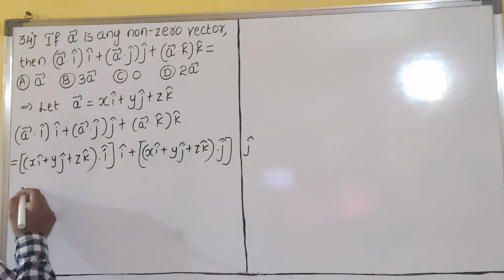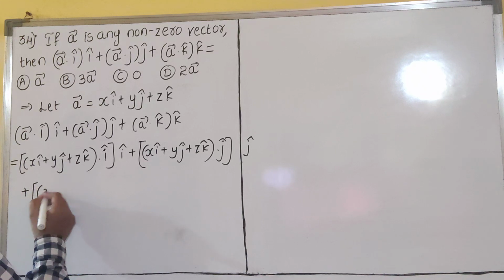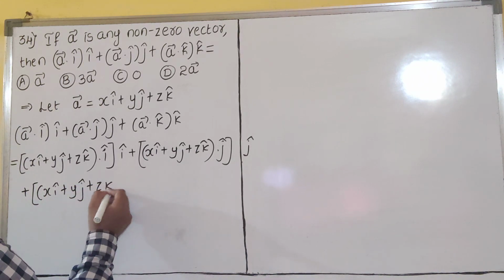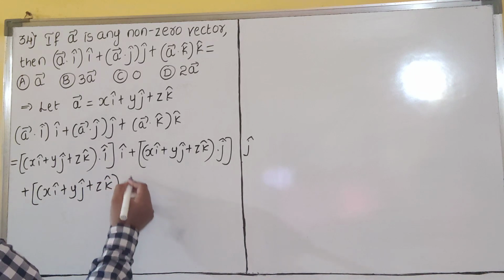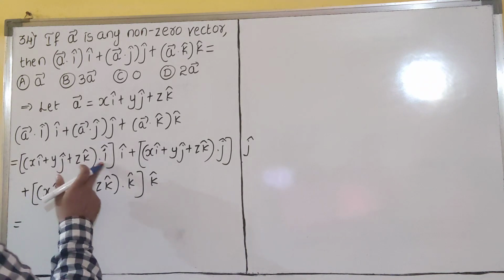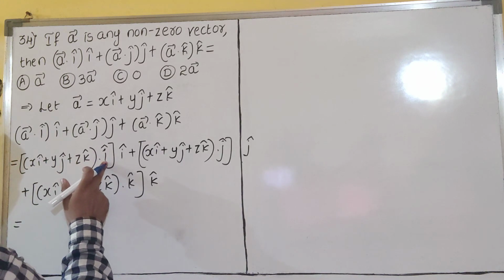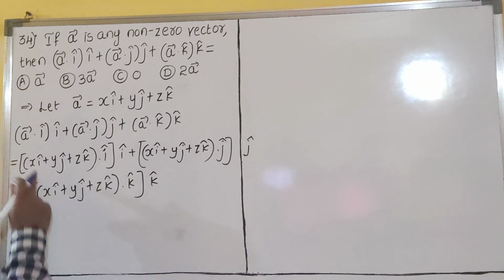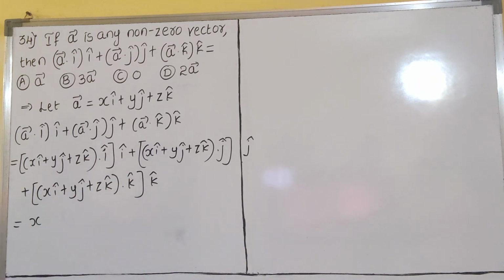Plus now again vector A, same thing we will take, dot k cap, outside k cap. So now what we will get: I to I multiply, x into I is x into 1 is x. I cap dot I cap is 1, dear students.